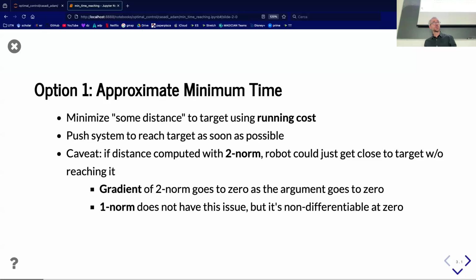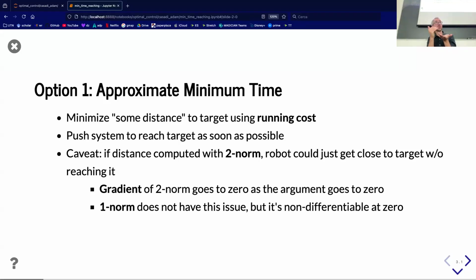The problem with that approach is that the gradient of the L2 norm goes to 0 as the argument of the norm goes to 0, because it's a quadratic, and the gradient of a quadratic is linear. So when you go close to 0, also the gradient gets close to 0, which means that typically the solver would be happy before reaching 0.